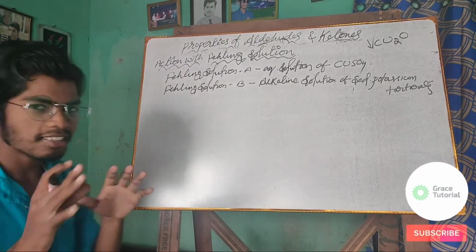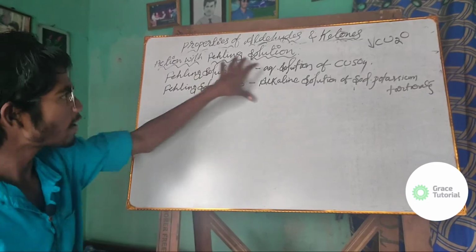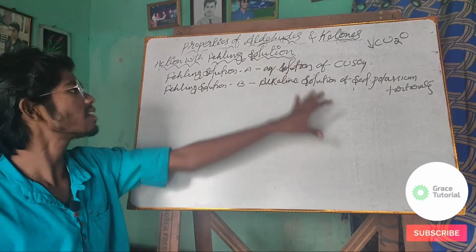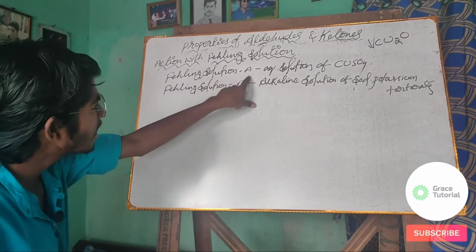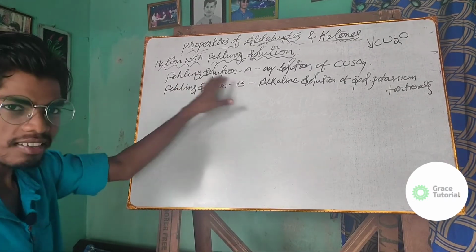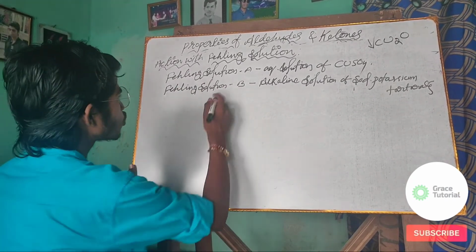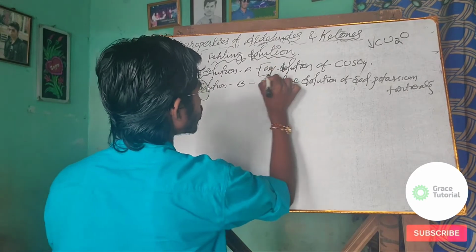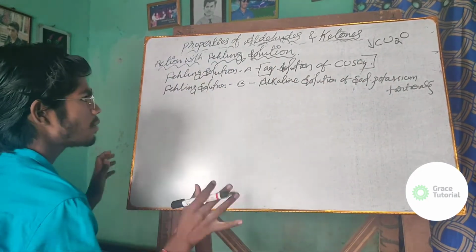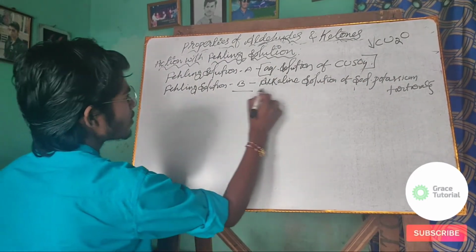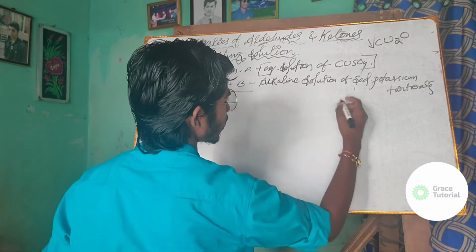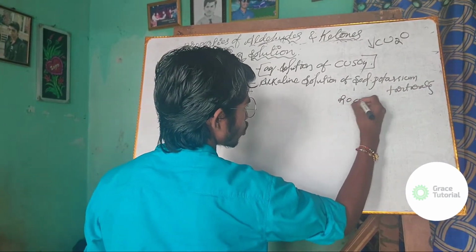So I think it's very easy to understand. Fehling solution is a mixture of Fehling solution A and Fehling solution B. Fehling solution A is an aqueous solution of copper sulfate, and Fehling solution B is an alkaline solution of sodium potassium tartarate, or we can say Rochelle salt.